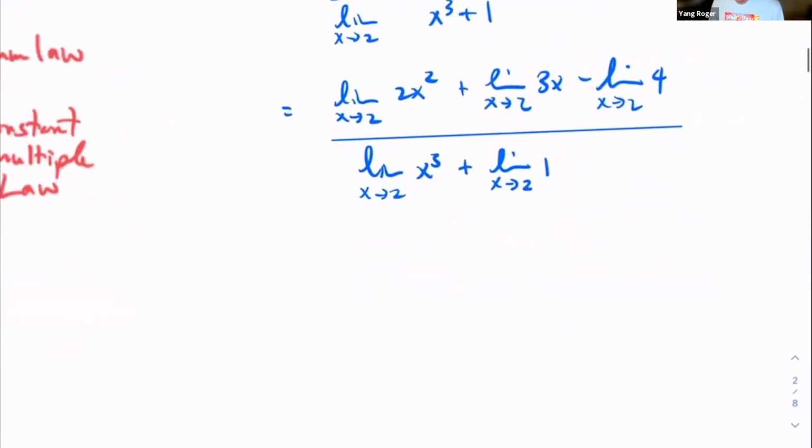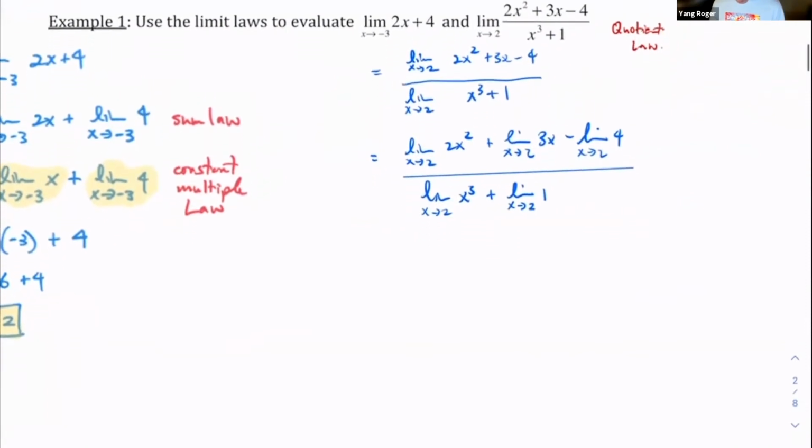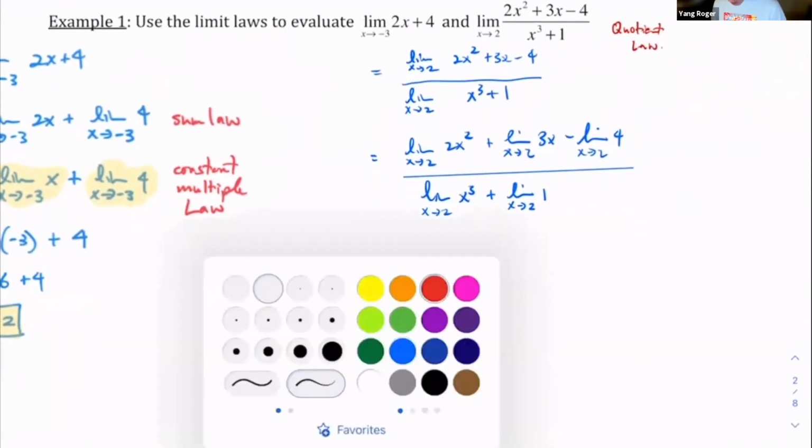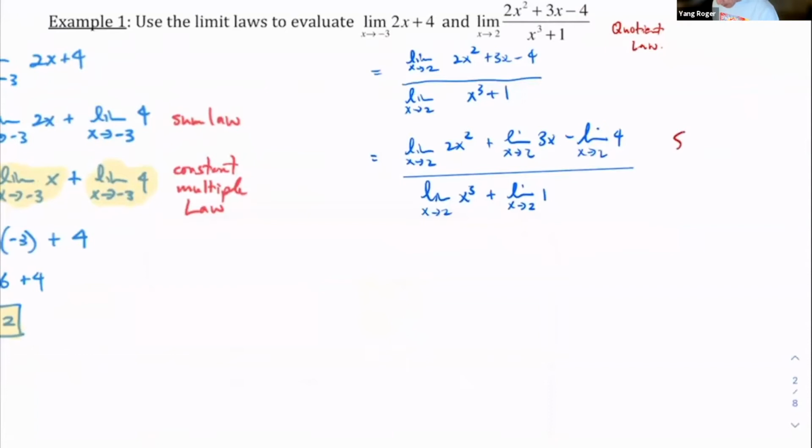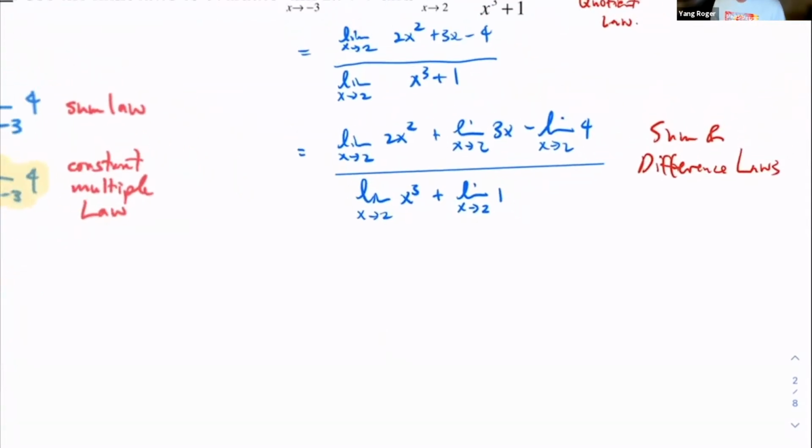Okay. So what we did there was we used the sum and difference laws.